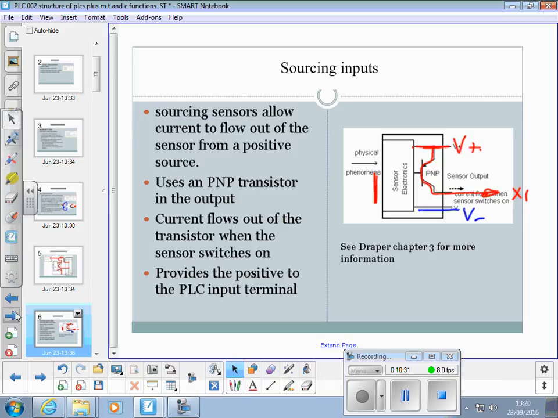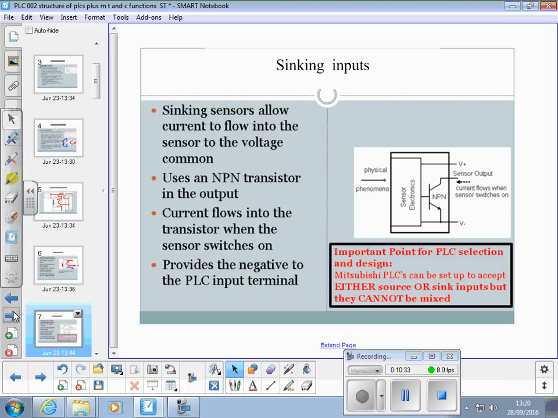The other type is called sinking. What sinking does is it still has a V plus there, still has a minus to give it a power supply.